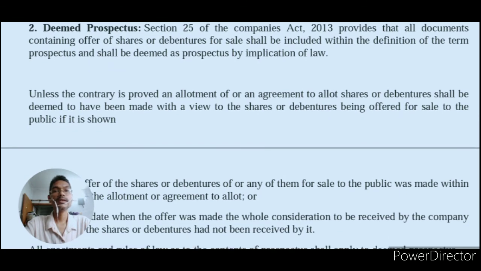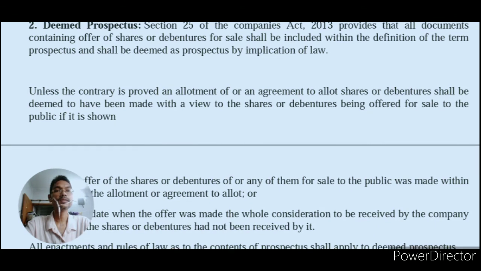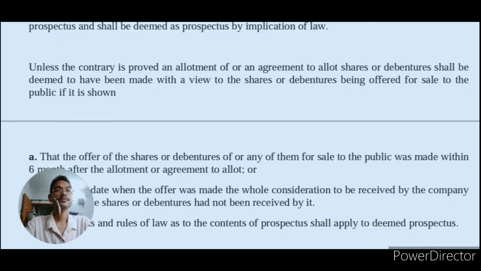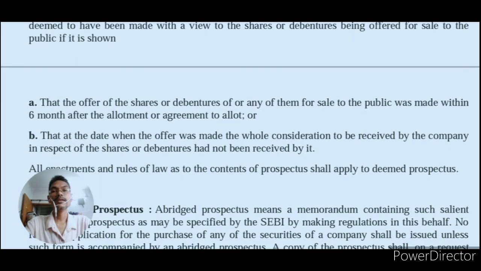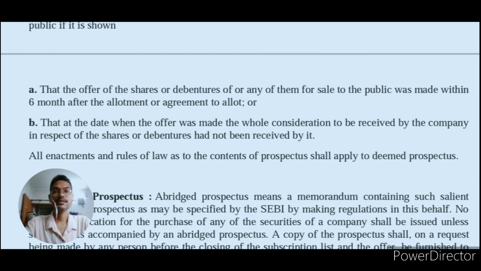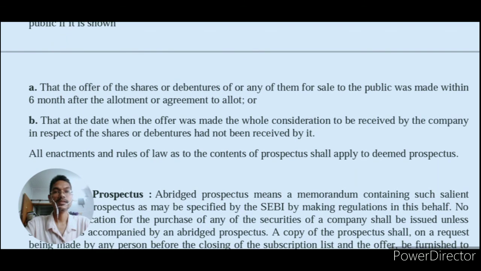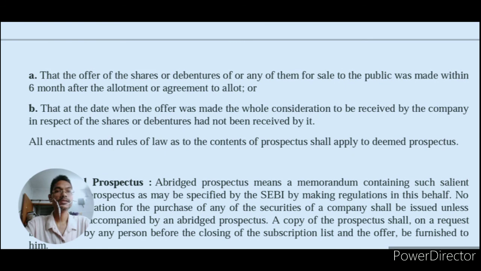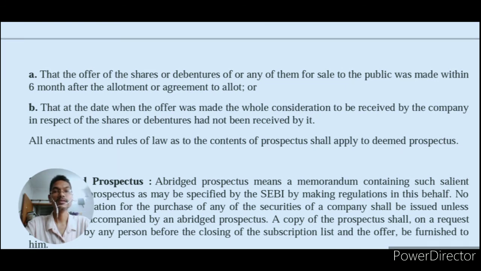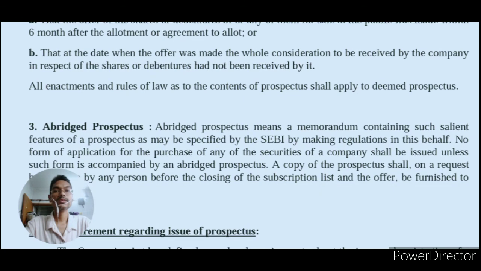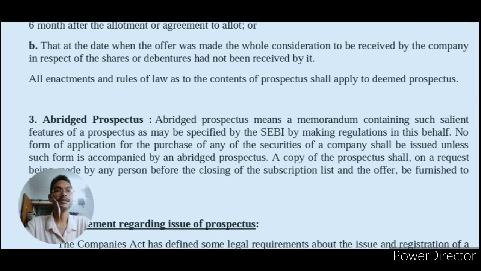Unless the contrary is proved, the allotment of, or agreement to allot, shares or debentures shall be deemed to have been made with a view to the shares or debentures being offered for sale to the public if it is shown: A. that the offer of the shares or debentures for sale to the public was made within 6 months after the allotment or agreement to allot, or B. that at the date when the offer was made, the whole consideration to be received by the company in respect of the shares or debentures had not been received by it. The rules of law on the content of the prospectus shall apply.